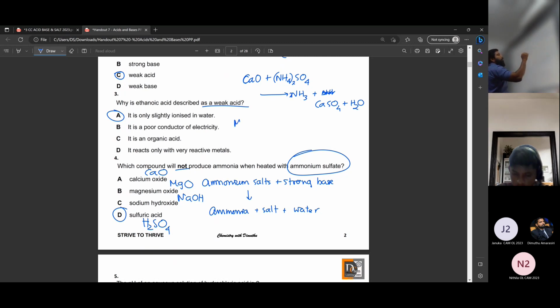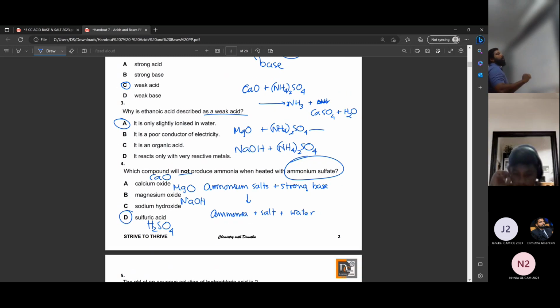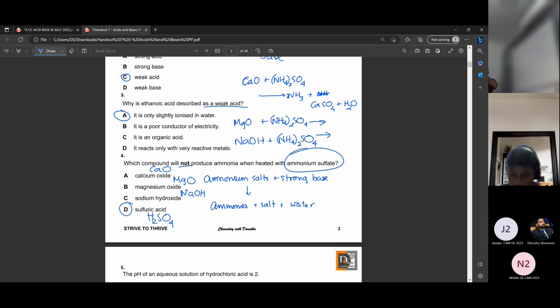You can try the same reaction with magnesium oxide and ammonium sulfate. You can try a similar reaction with sodium hydroxide and ammonium sulfate. Think about the products. Magnesium oxide and ammonium sulfate will give you ammonia, magnesium sulfate and water, right?